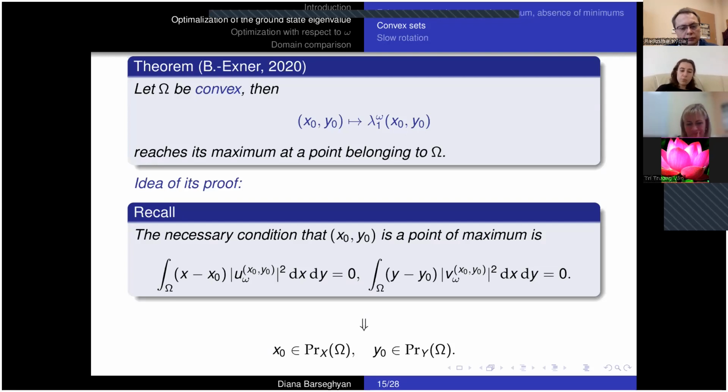Why is this so? Because in the other case, if x0, for example, does not belong to the projection, then x minus x0 has the same sign, and then we have the integral, which should be either negative or positive, but not zero. Therefore, we have this implication. Next, please.